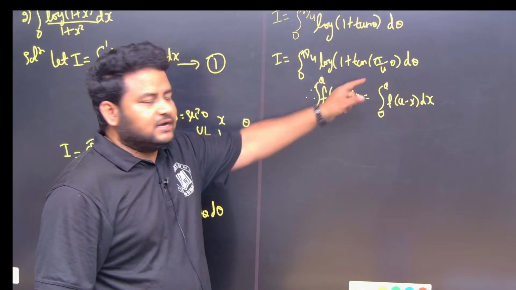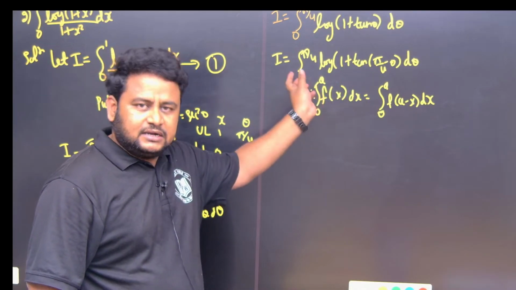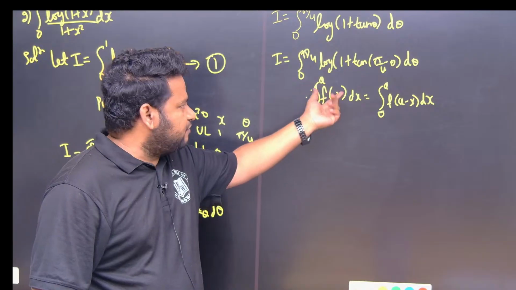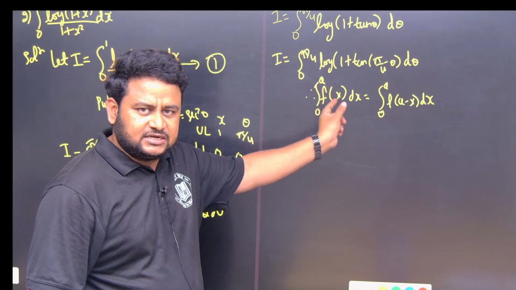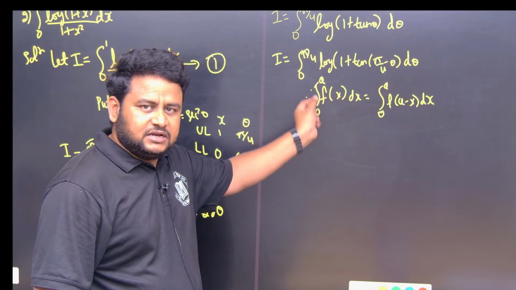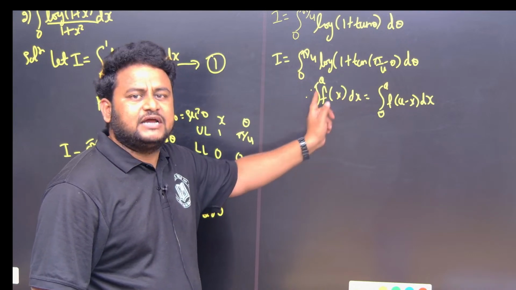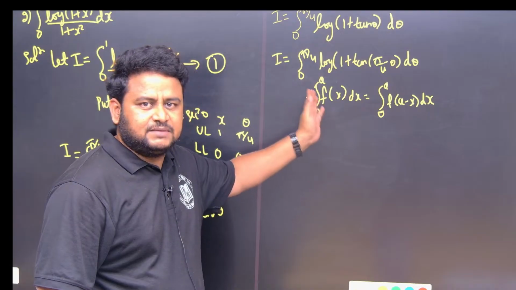Tan of pi by 4 minus theta is of the form tan of a minus b. I can write it as tan pi by 4 minus tan theta by 1 plus tan pi by 4 into tan theta. That is nothing but 1 minus tan theta by 1 plus tan theta.